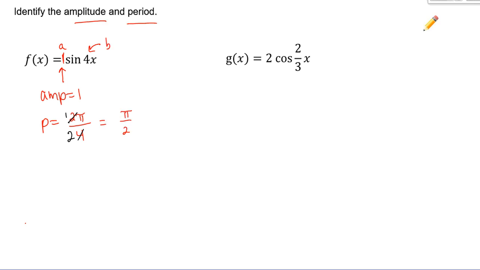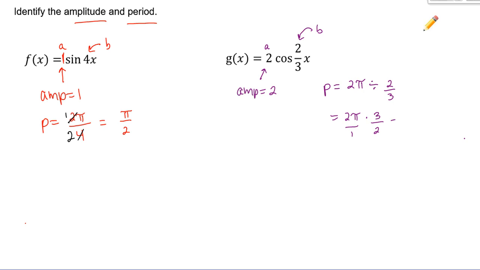Okay, this one. We've got an A out in front. That's A right there. So our amplitude, really easy, is just 2. This fraction here is our B, but that's okay. Period's going to equal 2 pi. Now because it's a fraction, I'm writing it out with the long division symbol, because to divide by a fraction, I know that you have to take the first one and keep it, then multiply by the reciprocal.